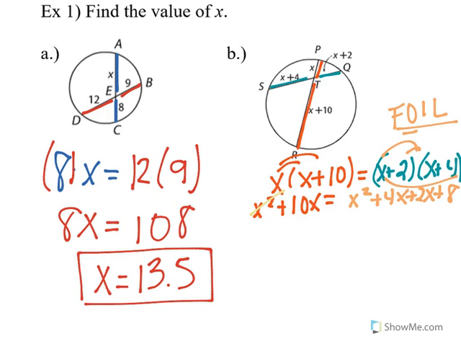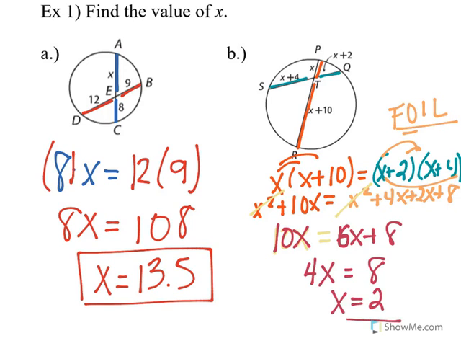We can cross out our X squareds. We get 10X is equal to 4X plus 2X, which is 6X, plus 8. Solve for X. 4X equals 8. X is going to equal 2.